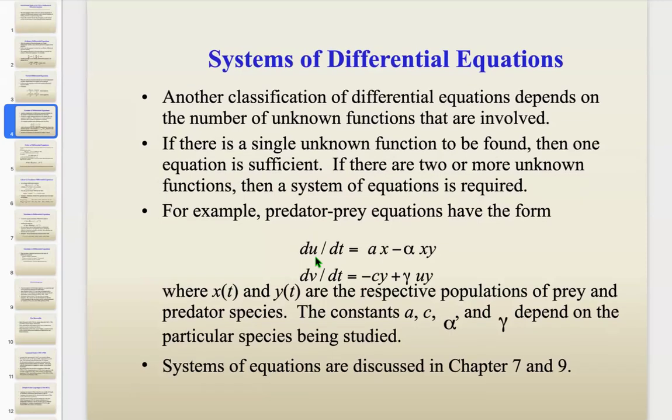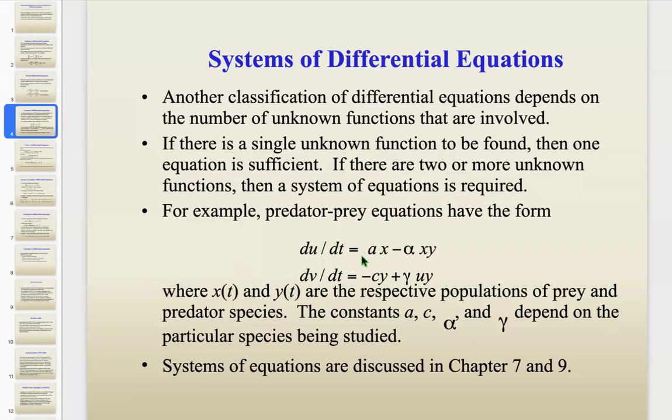Here x and y are the respective populations of predator and prey, and a, b, c, and the gamma and alpha, which I don't know why are out of line in these notes, depend on the particular species being studied. We'll talk about systems of predator-prey equations later.